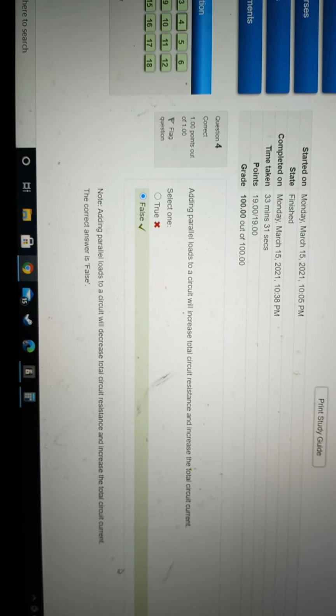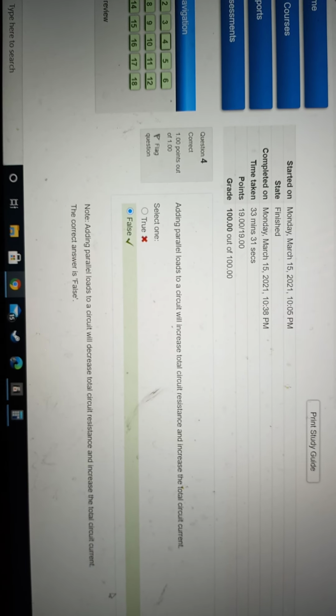Adding parallel loads to a circuit will increase the total circuit resistance and increase the total circuit current. True or false? That's false, because adding parallel loads will decrease the total circuit resistance and increase the total circuit current.